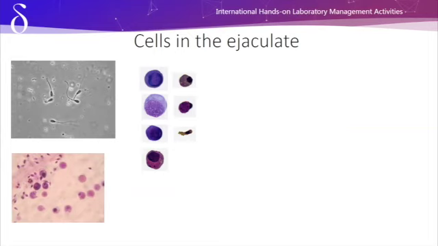And this is the reason why both dead germ cells and apoptotic bodies are present in the ejaculate, because these elements have not been endocytosed by the Sertoli cells or macrophages, and so they are present in the ejaculate.